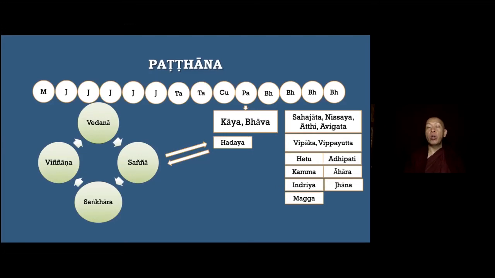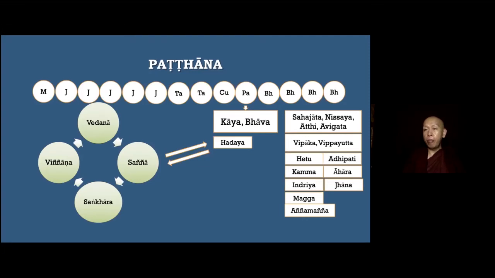Okay, so we have only one additional condition, and that one is annamanna, mutuality. When we talk about kaya and bhava, we don't have annamanna. But when we talk about hadaya and mental aggregates, they are annamanna.